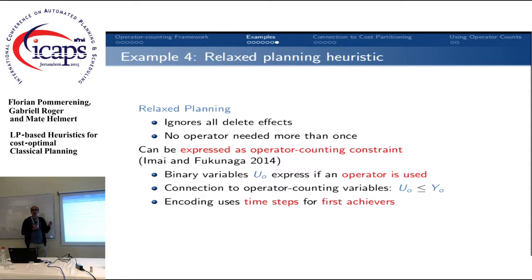So it says something like this operator is used at this time to make this fact true for the first time. So it's not a general expression of all the things that happen. So you don't say, okay, and then this operator makes it true another time. It just talks about the first time a fact is made true.